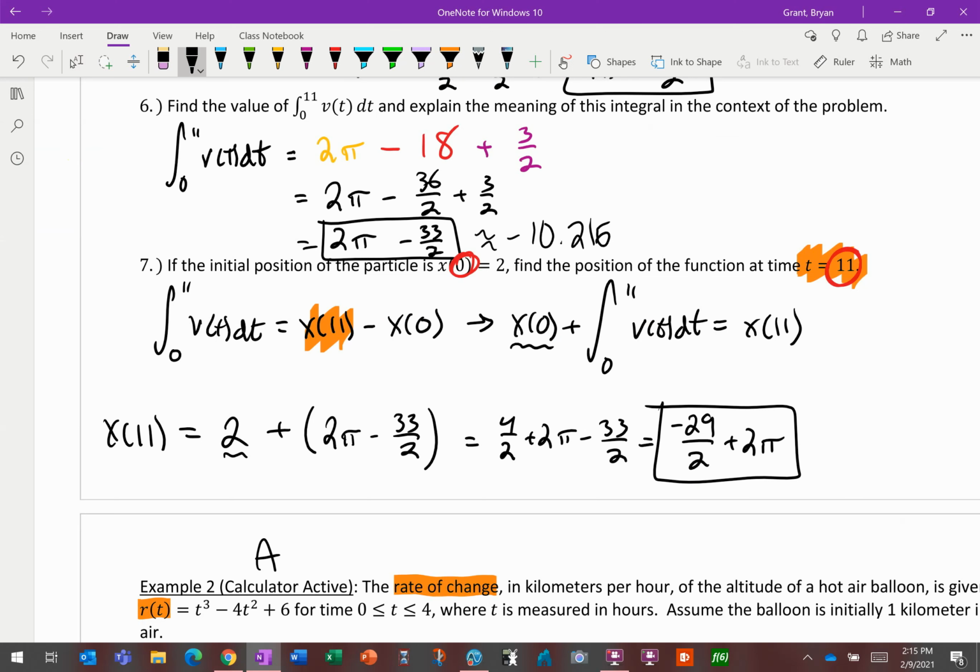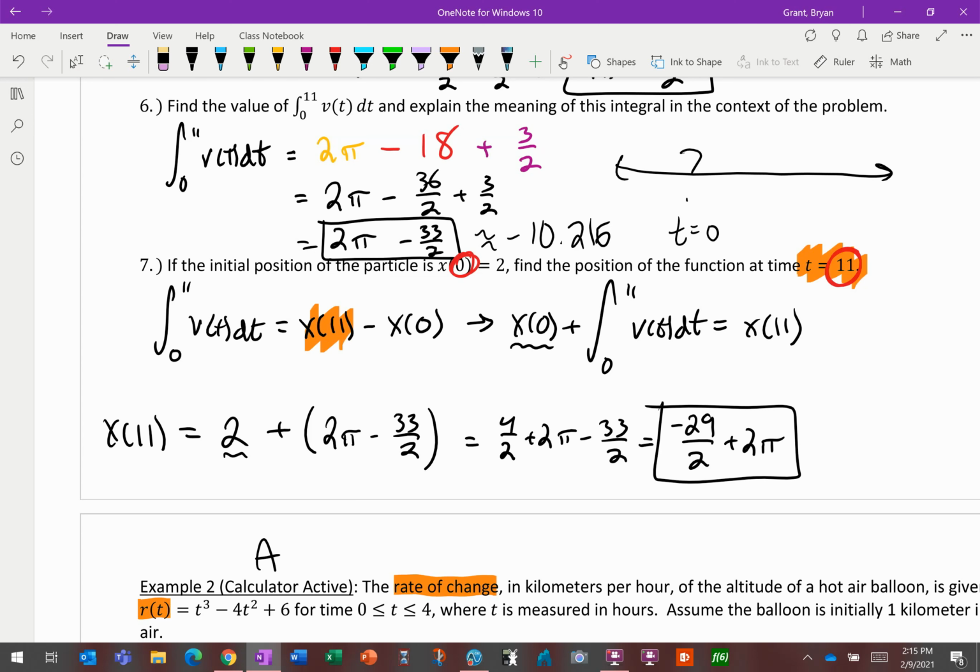Well, what it means is we started at some value or at some position at a time of 0. Here's my number line. I don't know where I'm starting. And we'll say that this happened at a time of 0. And then at a time of 11, I don't know where I'm ending up.